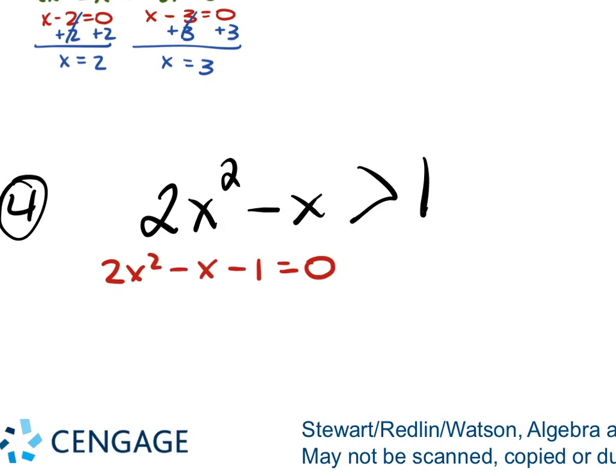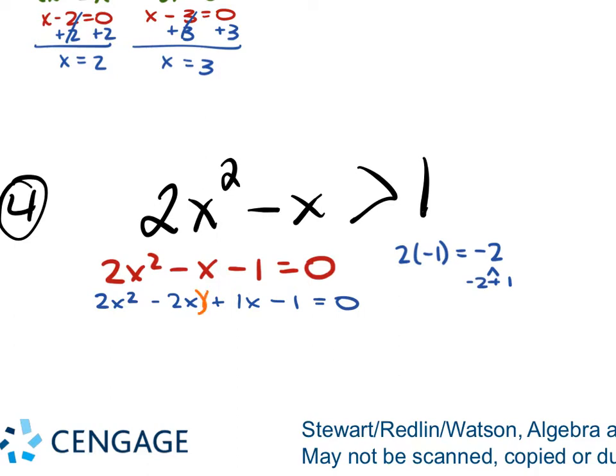From there, I have an a that's larger than 1. So I'm going to multiply my 2 by my negative 1. That gives me negative 2. The factors of negative 2 that are going to replace the negative x are going to be a negative 2 and a 1. So this is going to be 2x squared minus 2x plus 1x minus 1 is equal to 0.